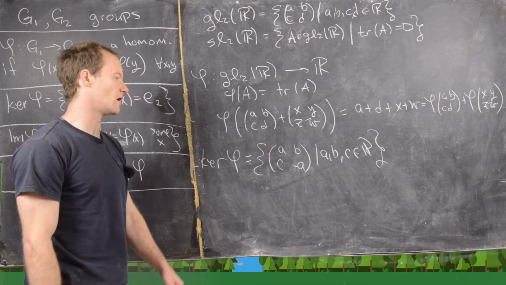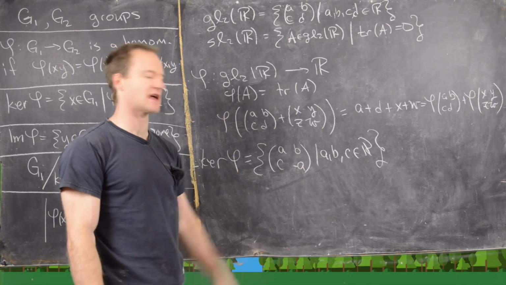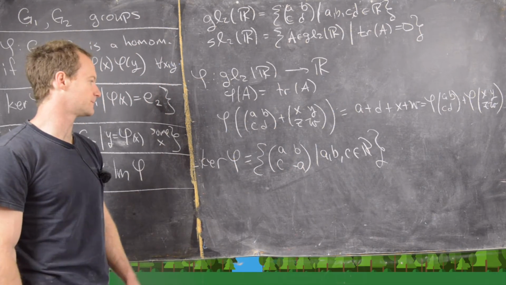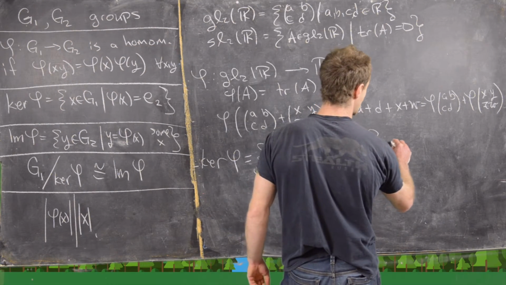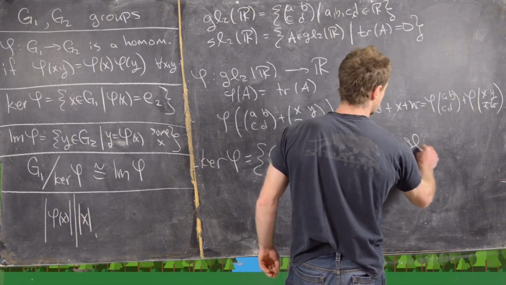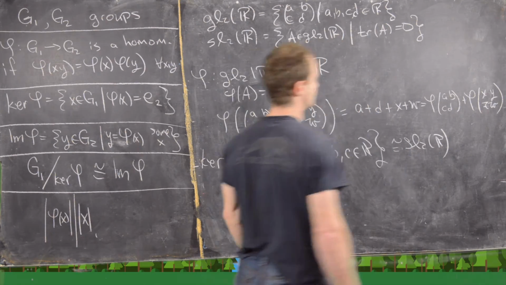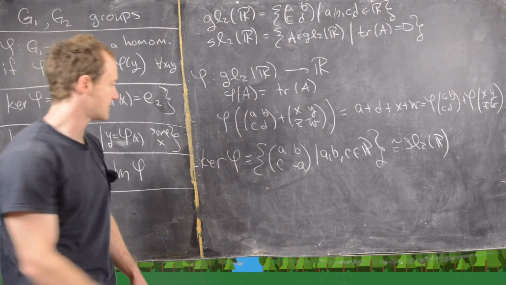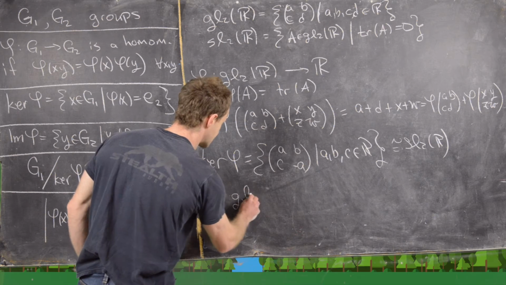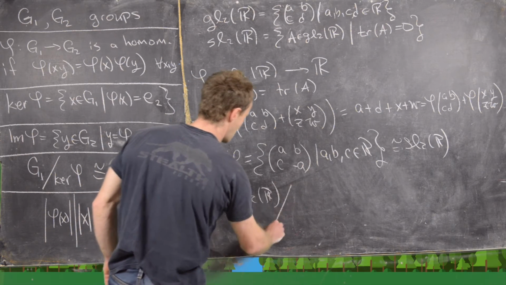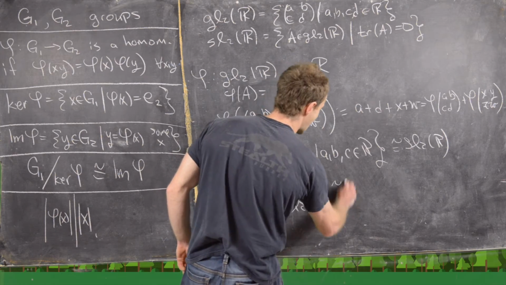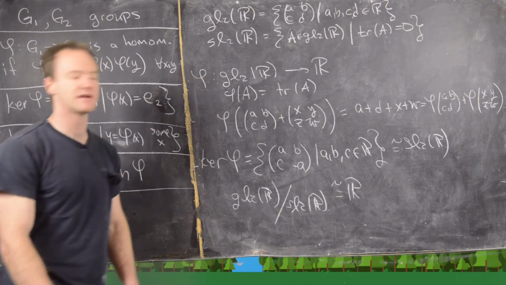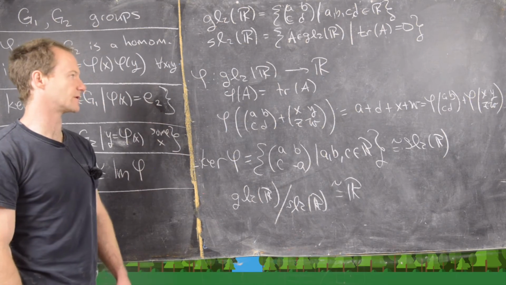If we're adding along the diagonal, it means this element and this element have to be negatives of each other. Notice that this is equal to what we defined to be sl2(R) up there. So now what we see is that gl2(R) mod sl2(R) is the additive group of real numbers, and we get that by the first isomorphism theorem.